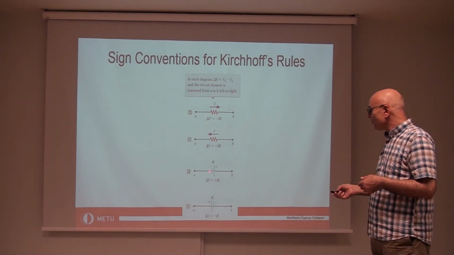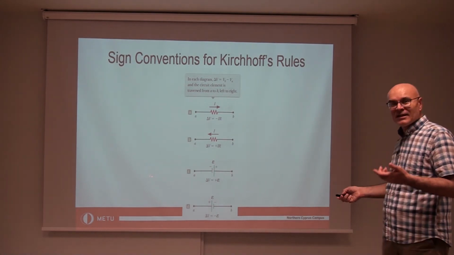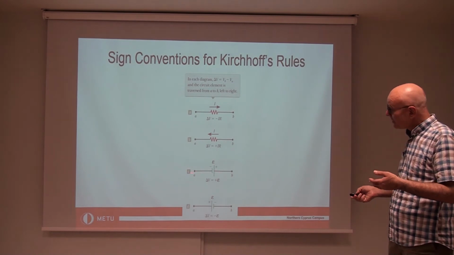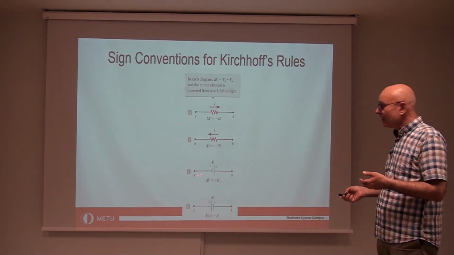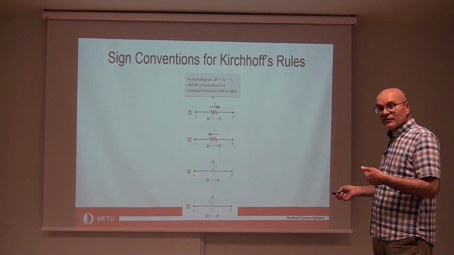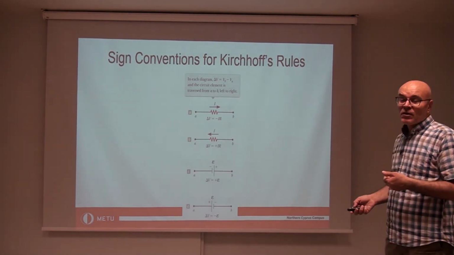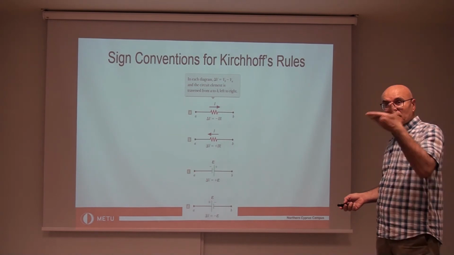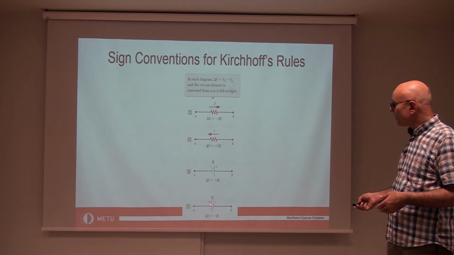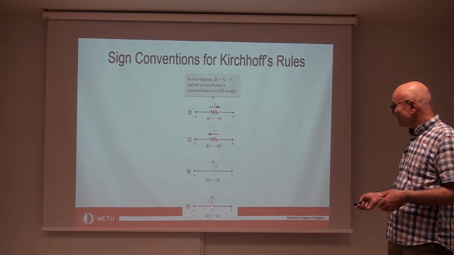Because you are moving from the negative terminal to the positive terminal, and inside the electromotive force, we have seen that the electric field is in this direction, so you are moving against the electric field. The electric field inside is from the positive to the negative terminal, so you are moving in a potential rise. The contrary applies when you are moving from the positive terminal to the negative terminal inside the battery.